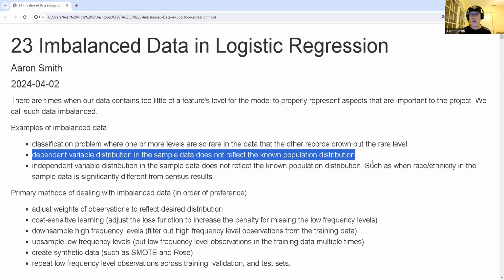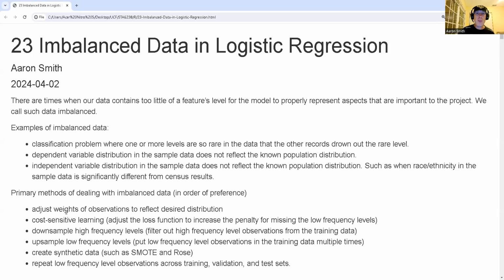So in this situation, our sampling does not reflect what we know it should look like. And of course, if it doesn't look like what we know it should look like, either our knowledge is wrong or we've got a problem with our data. Either way, we need to make an adjustment. Dealing with your knowledge, if it's wrong, I can't really help you there, but I can talk about ways to help with your data.